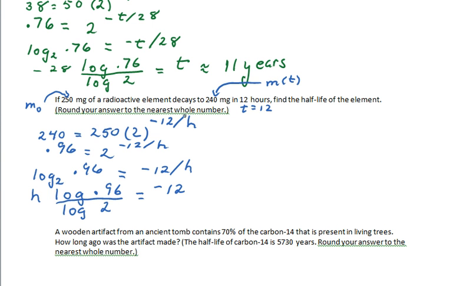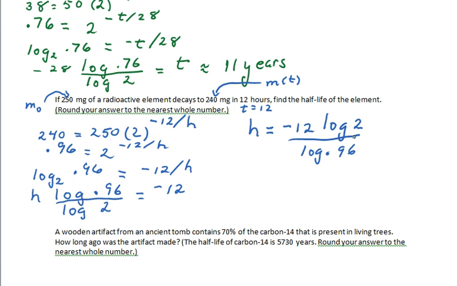Now I'm going to multiply both sides by the reciprocal of log 0.96 over log of 2. That's going to isolate the h and give me the negative 12 times common log of 2, divided by the common log of 0.96.